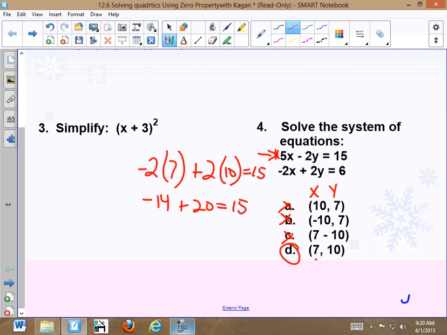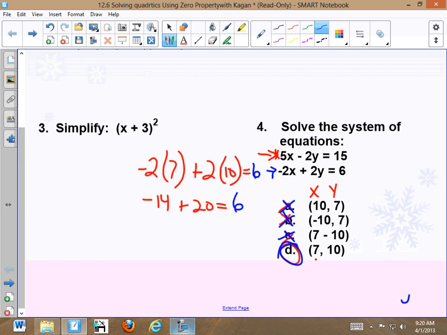Okay, sorry, I screwed up. The second equation doesn't equal 15, does it? This equation equals 6, so this has to equal 6. Does negative 14 plus 20 equal 6? Yep. D is your answer, okay? If one works, you have to check the other one, unless it's the last one. We knew C, B, and A didn't work, so we knew D had to be the answer, okay?